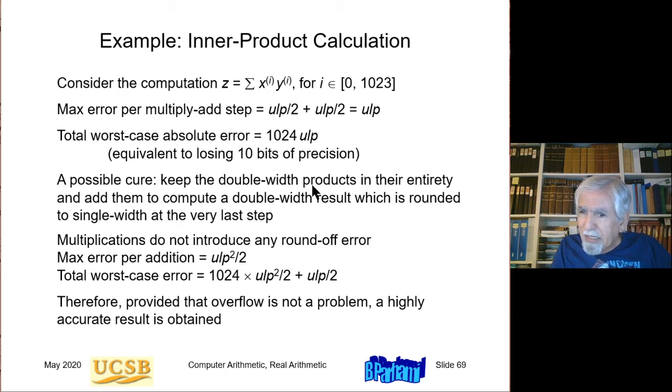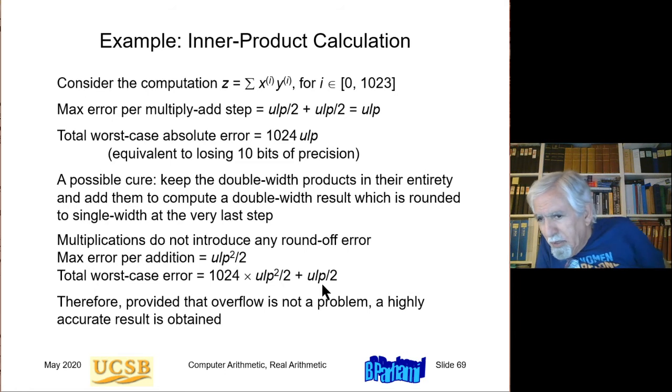And then at the very end, each addition has a small error, but it's negligible. And multiplications do not introduce any rounding error because you keep the full multiplication result. But each addition can result in error; remember the additions are also double width. So ULP squared over 2 is the worst case error in each addition. And 1024 times that, plus ULP over 2 in the final rounding of the result from double the precision to regular precision.